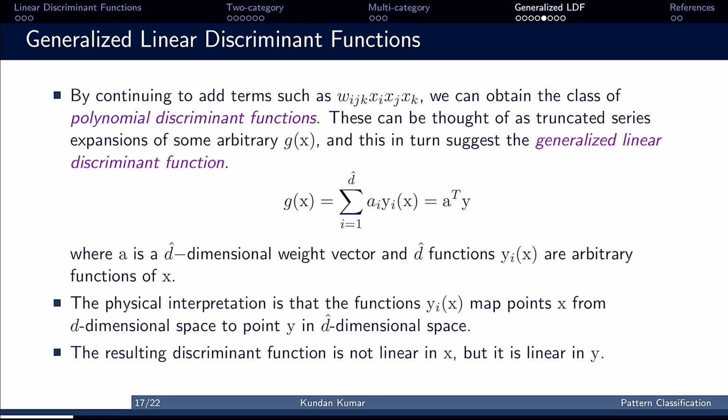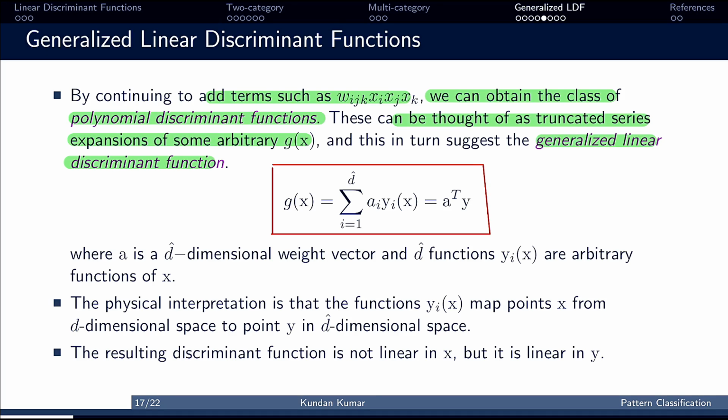As we keep on adding higher terms, the next is third order, then fourth order, we can obtain the class of polynomial discriminant functions, which can be thought of as a truncated series expansion of some arbitrary discriminant function g(x). In that case, we can write the generalized linear discriminant function using this expression.